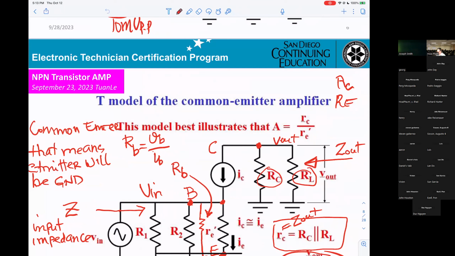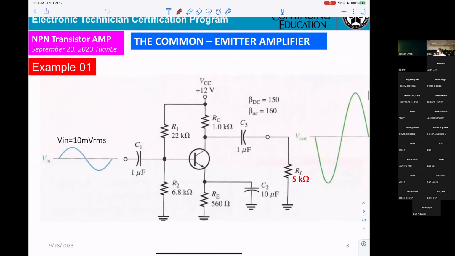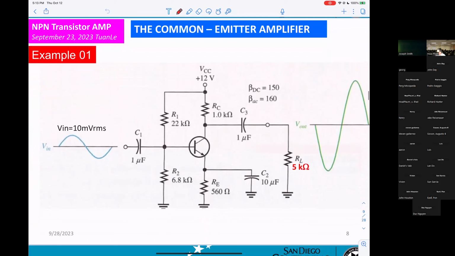Okay, last time we already talked about the common emitter amplifier. Remember, the common emitter telling you the emitter will be grounded in AC.